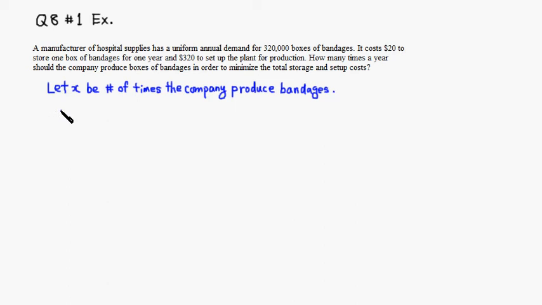Let's find the cost function, C of X. The setup cost: we need to do X setups, and each time it costs $320 to set up, so 320X would be the setup cost.